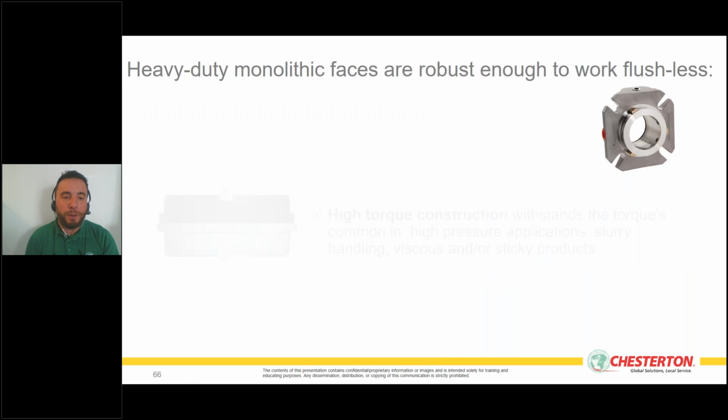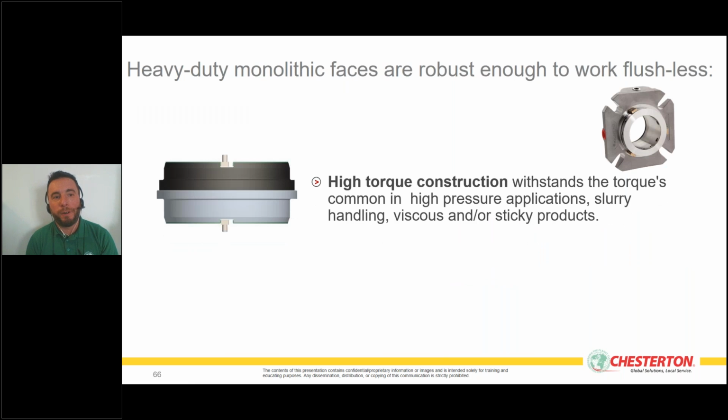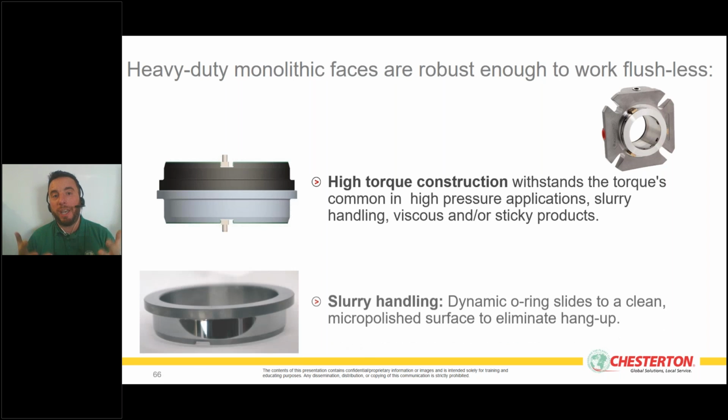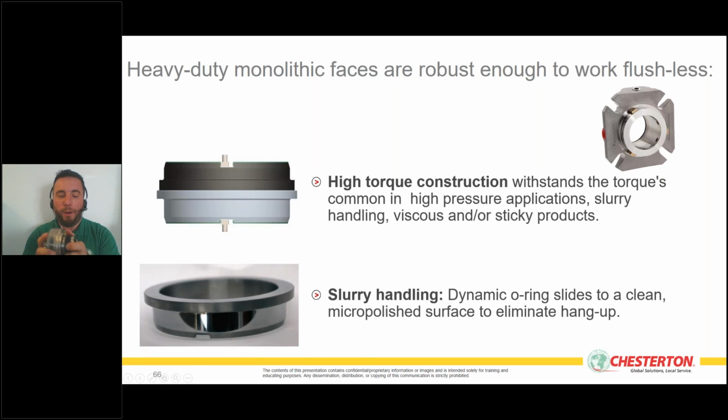And then the third solution that we can offer is the faces shape, the faces geometry. So all mechanical seals have at least a couple of faces, a rotary face and a stationary face. And we in Chesterton, we like to build up the faces with the monolithic concept.